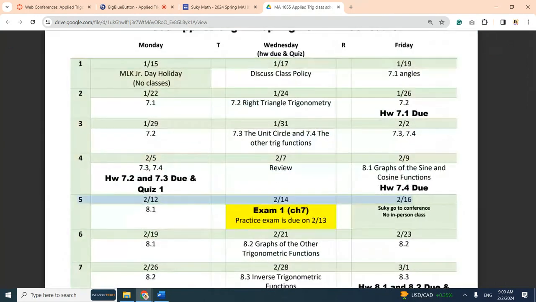Today we're going to continue to work on 7.3 and 7.4. Our homework 7.2 and 7.3 is due Monday. Have you started working on your homework? Not yet. Okay. By the way, I see most of you finished your homework 7.1, but not all of you got the 50 points.